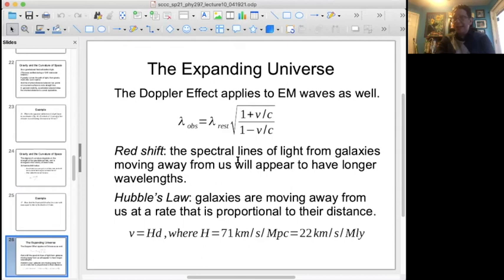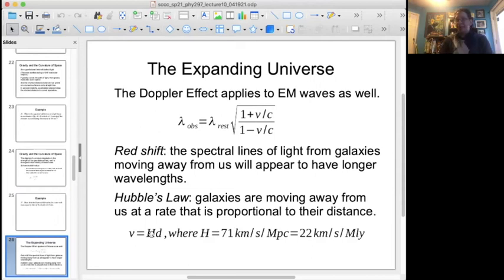And so most galaxies, like I said, other than our relative neighbors like Andromeda, which is actually approaching us, most galaxies are moving away from us. And Hubble developed an equation, which is a simple linear equation relating the velocity that galaxies are moving away from us to the distance they are away from us.